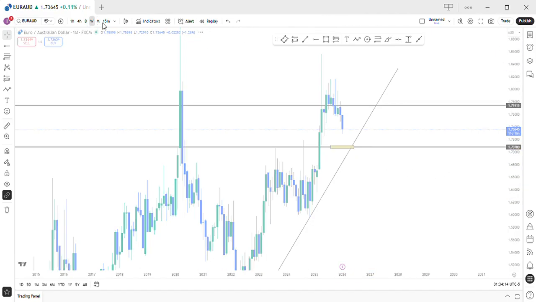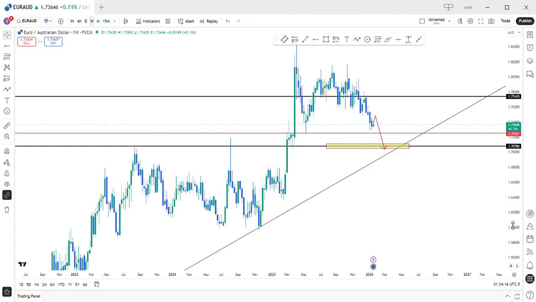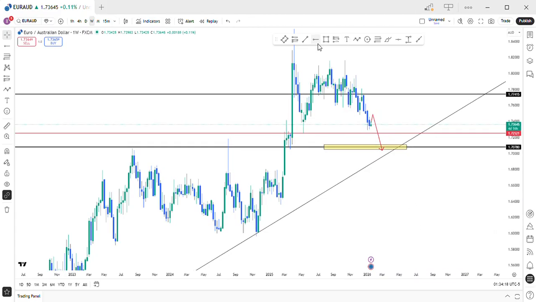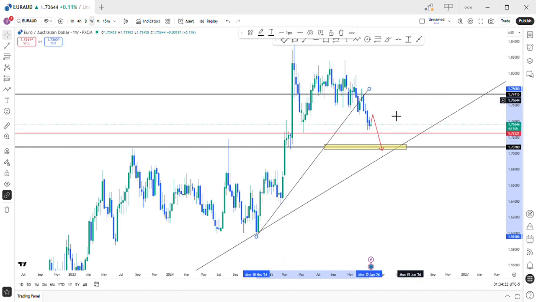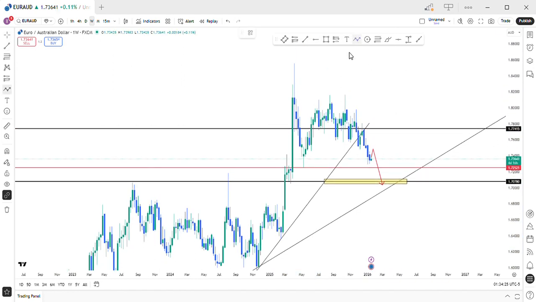So on the weekly time frame, we got structure right here. We got this structure right here. Price broke this trend line right here, then gave us structure before breaking that trend line. First it gave us this correction, which gave us this high. If you go on the daily time frame, you're gonna be seeing it as a high.